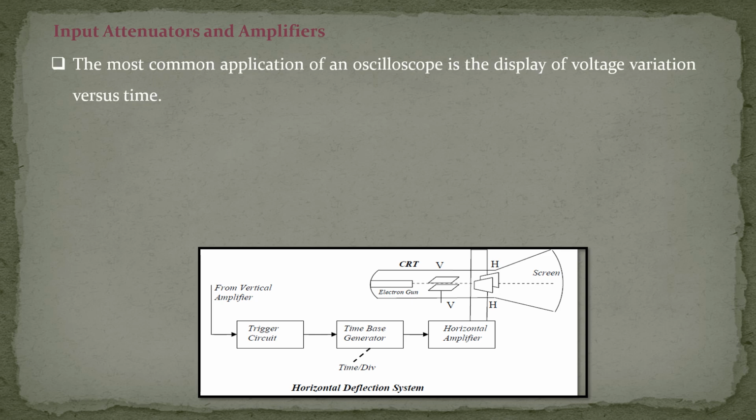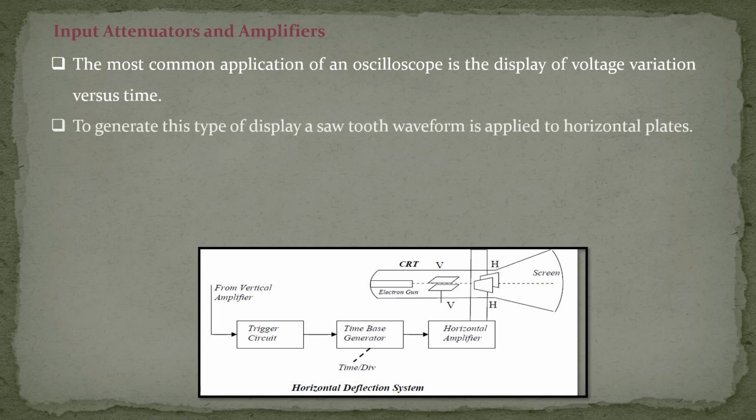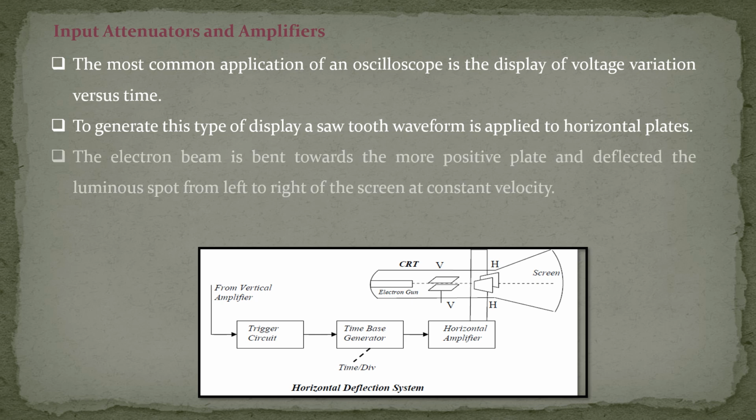The most common application of an oscilloscope is the display of voltage variation versus time. To generate this type of display, a sawtooth voltage is applied to the horizontal plates.